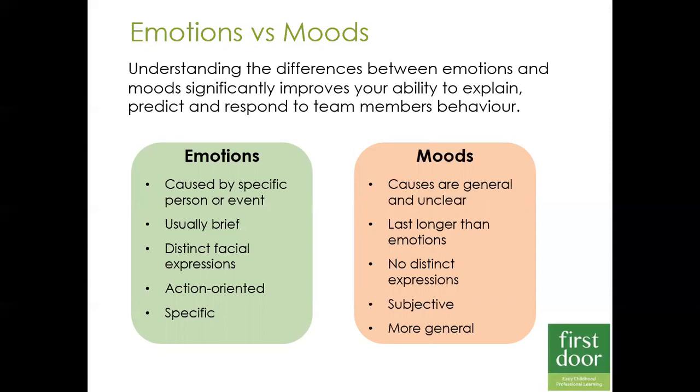If we're feeling negative in our moods, we'll often even try to hide those physical expressions. Our moods are very subjective and a lot more general. Both of these come up unconsciously. However, the emotion is more caused by a specific event, whereas the mood is a bit more wishy-washy in terms of how we experience it.